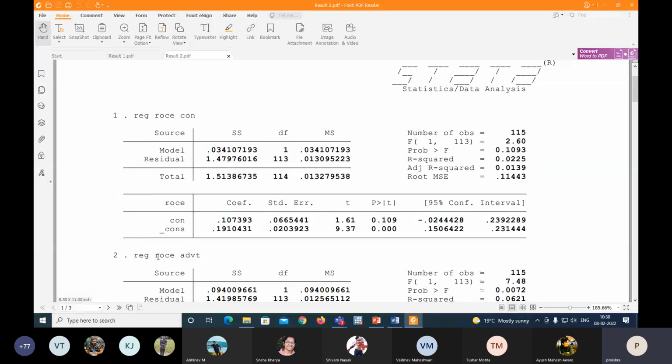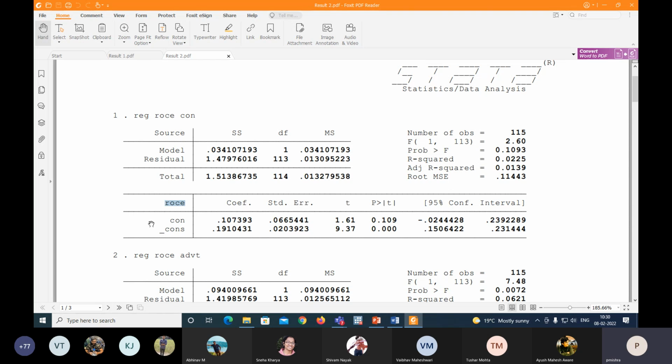Sir, what is this underscore cons variable? Where? Sir, in the left tab of the output of every command. There is ROC, then con, then underscore cons. Okay. Here ROC is basically the dependent variable.